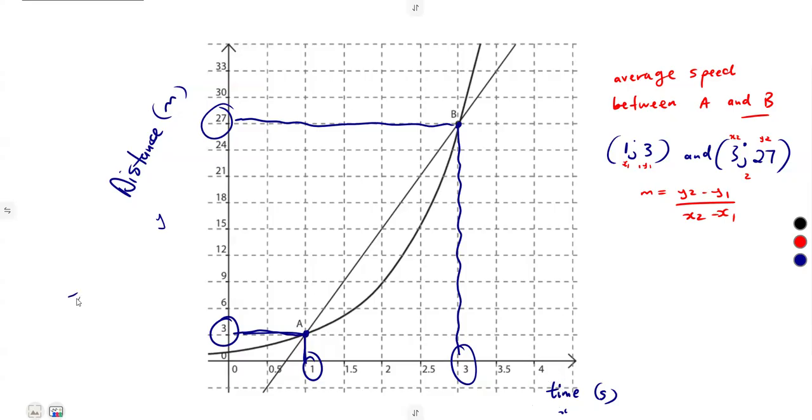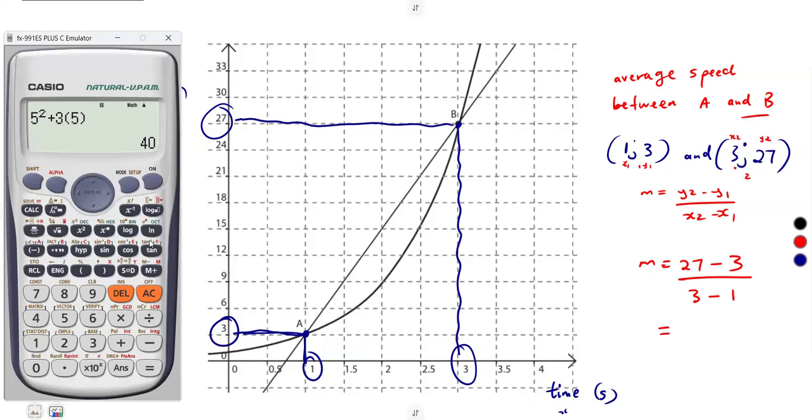Maybe you're going to write T, and S for distance using the letter S. It's going to be T1, S1. Guys, this is up to you. If you want, just use X and Y, the ones that you're used to. Then you can determine your average gradient. So Y2 is 27 minus Y1, which is 3, over X2, which is 3, minus X1, which is 1.